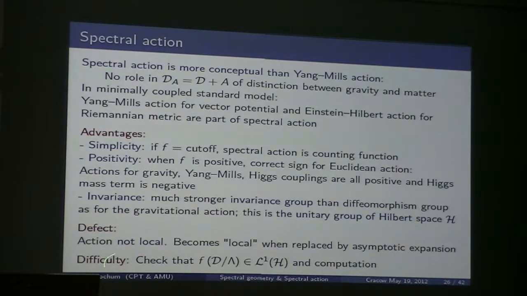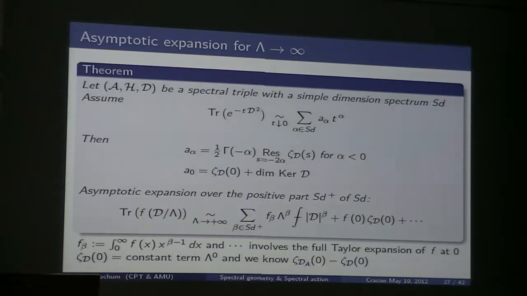And of course, you have the difficulty that you have to check that the operator f you are dealing with is actually trace class, and that you are able to do computation. Everything is there. So, what about precisely this asymptotics when the energy goes to infinity?